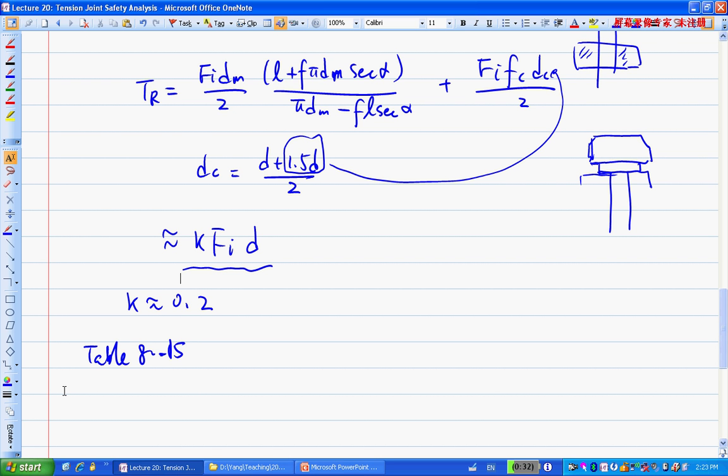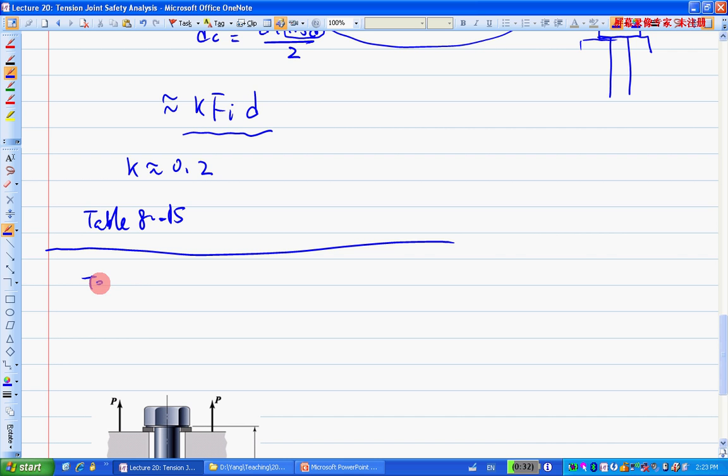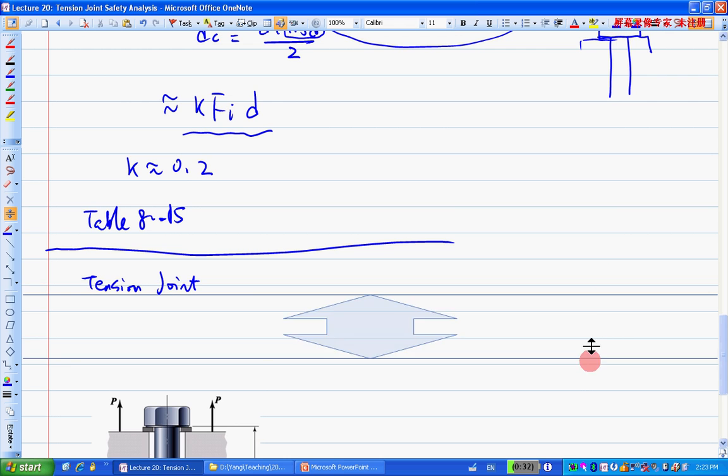So now let's come to the tension joint, and let's look at what we can do to analyze the tension joint, statically and also in terms of fatigue loading. So here's a tension joint.